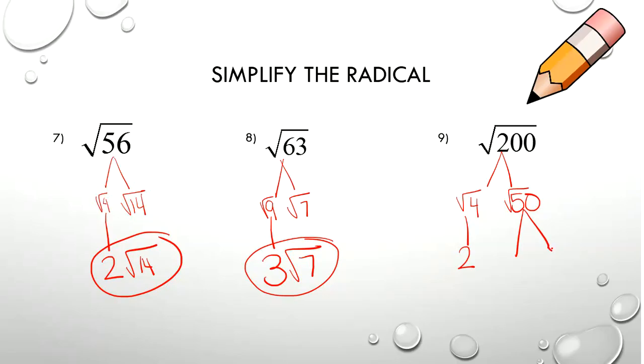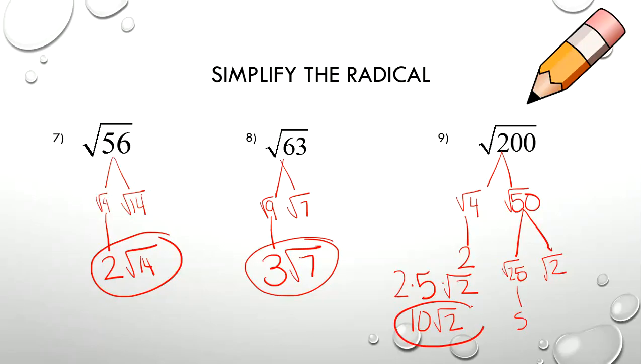I must not have taken out the biggest perfect square because I have to break down further. So this would be 25 and 2, right? Well, this is 5. So it'd be 2 times 5 times the square root of 2 for my final answer, which is 10 square roots of 2.